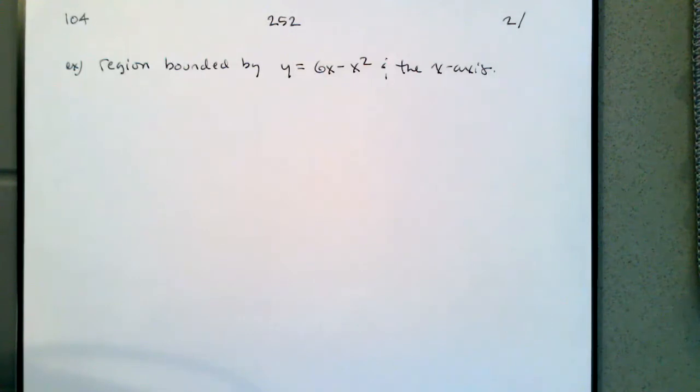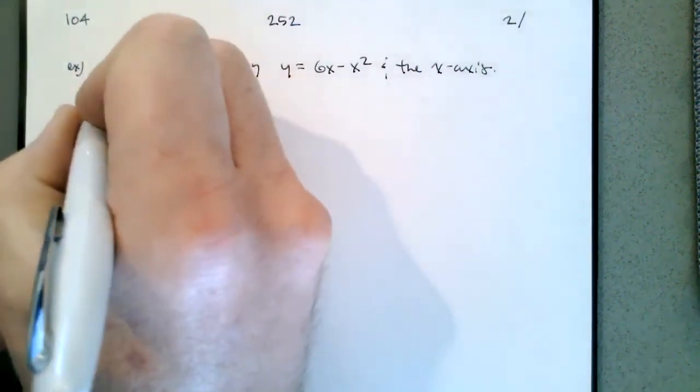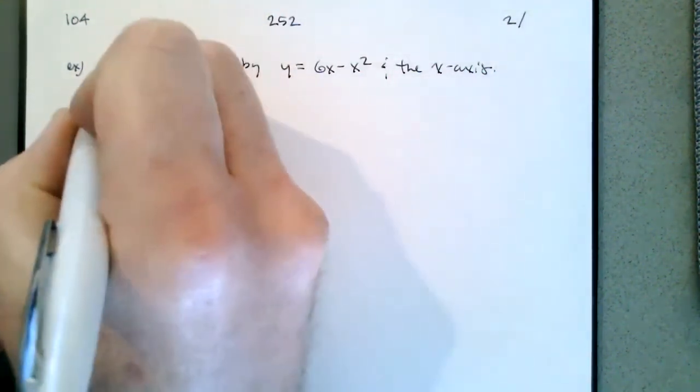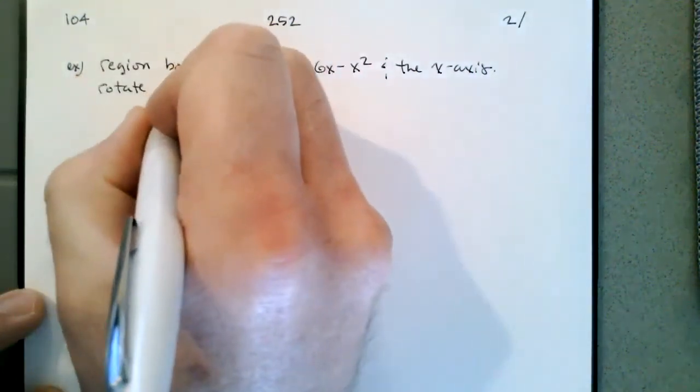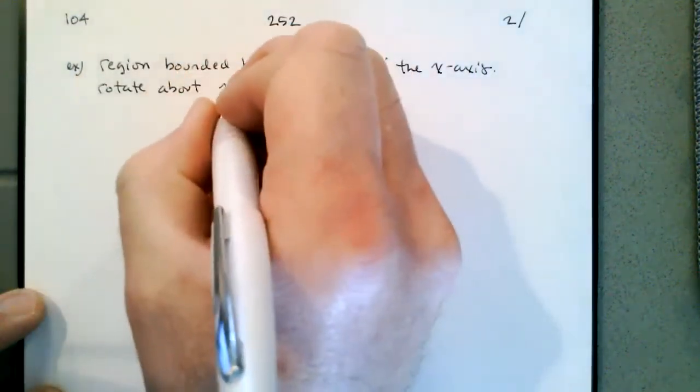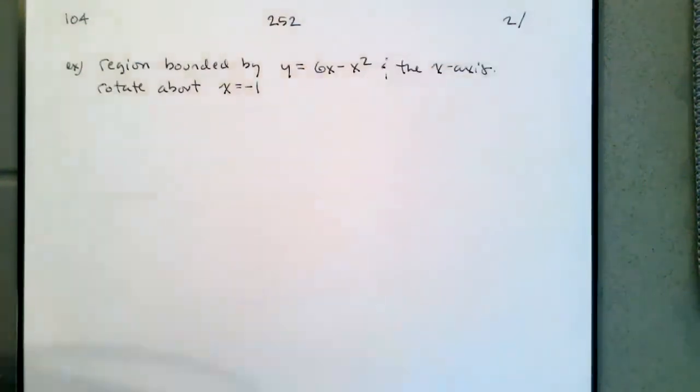And let's find the volume of the solid by rotating this around the line x equals -1. So we're looking at a parabola.